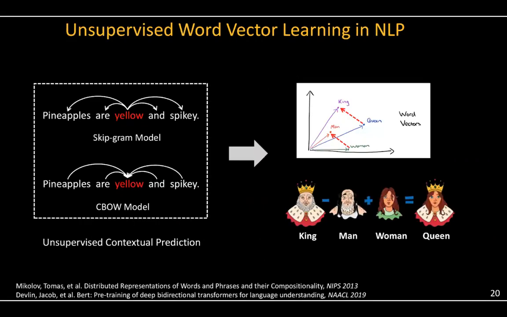This is very similar to word2vec in natural language processing. It's basically context prediction, like the skip-gram model and the CBOW model. You observe one word and predict the probability of other words, or you observe the context and predict the central word. That's basically the same thing.